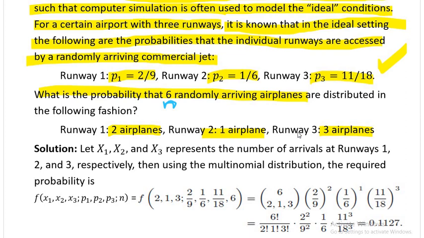Now you see, 3 plus 1 is 4, plus 2 is 6. So this is my x1, this is x2, this is x3. If you add x1, x2, x3, it's exactly equal to n. And if you add p1, p2, p3, it will be exactly equal to 1.